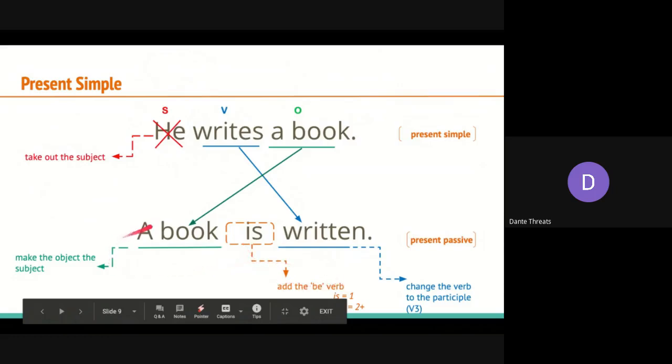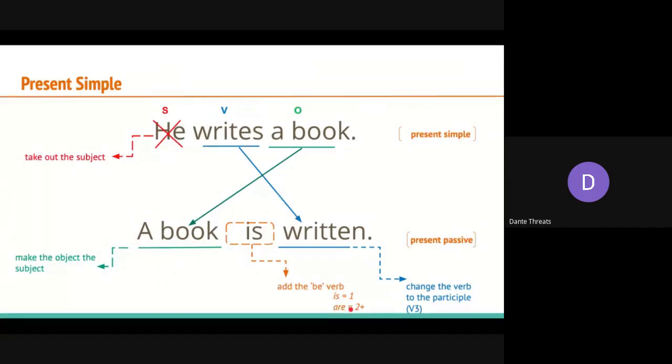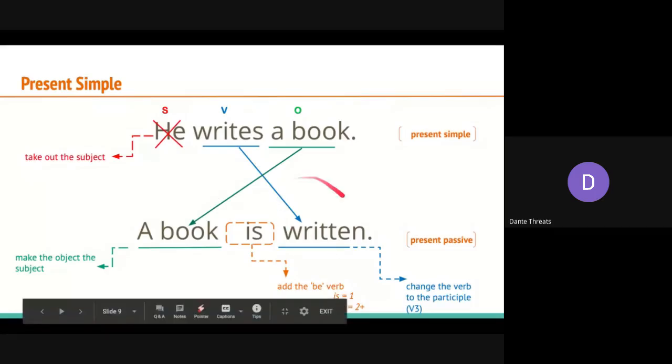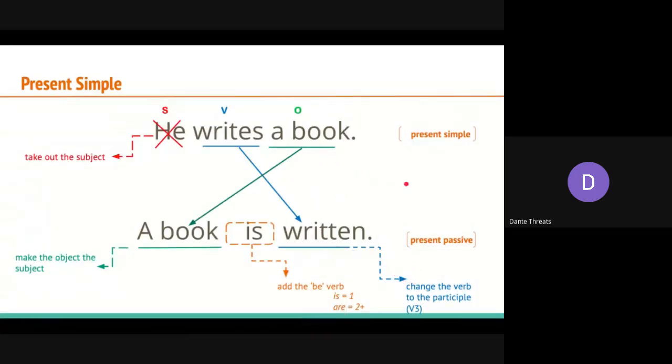If the subject is singular, it is is, and if it is plural, it is are, correct? All right, and then the last thing to do is to change the verb to the past participle. Okay?